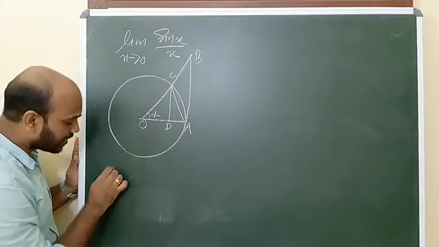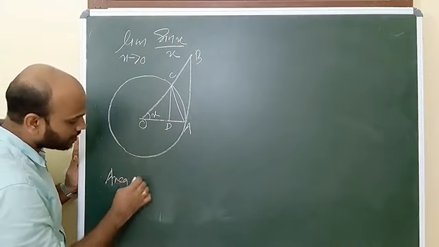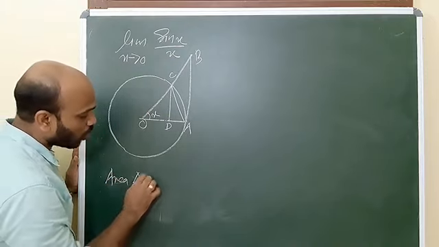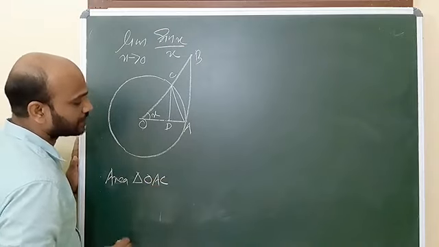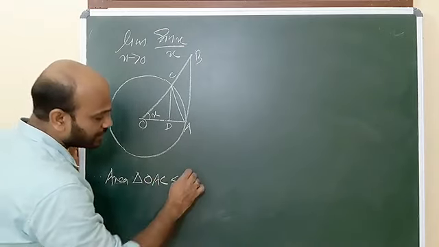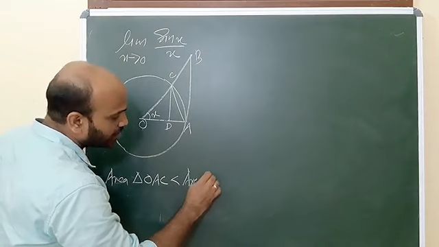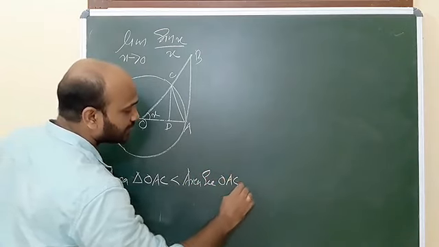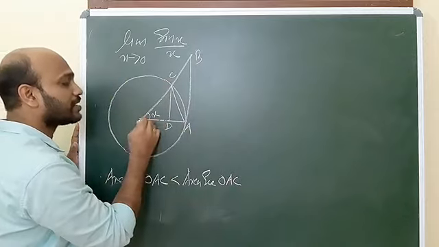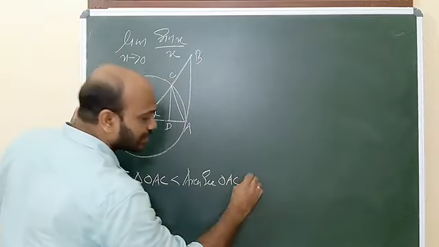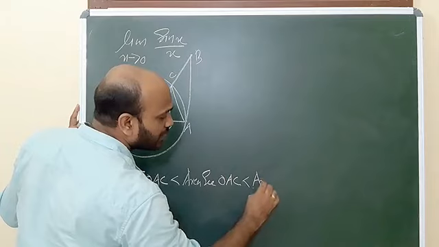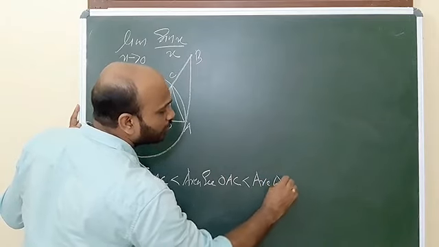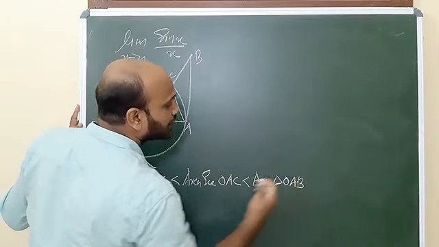From this figure, area of triangle OAC is less than area of sector OAC, right? Area of sector OAC is less than area of triangle OAB.